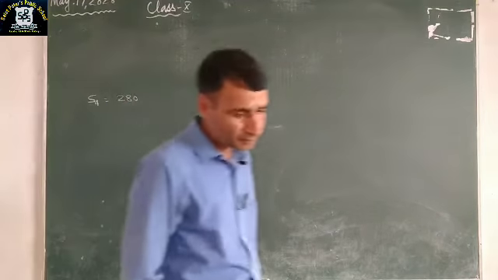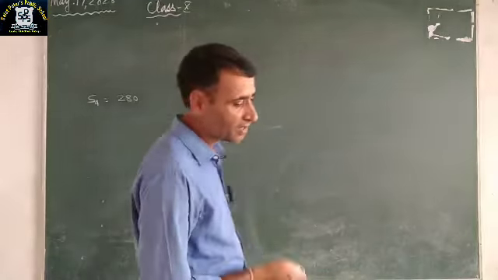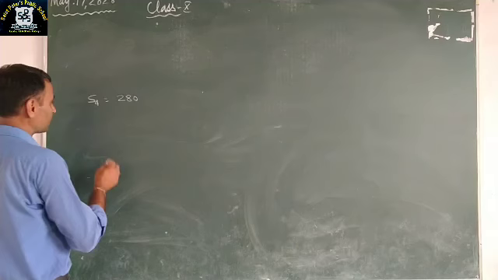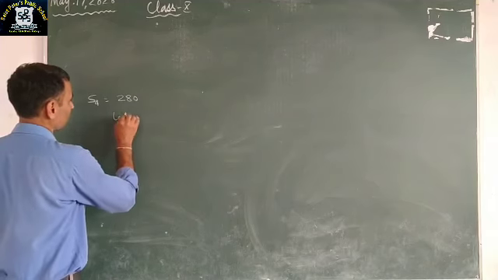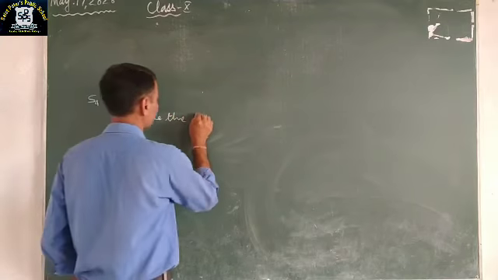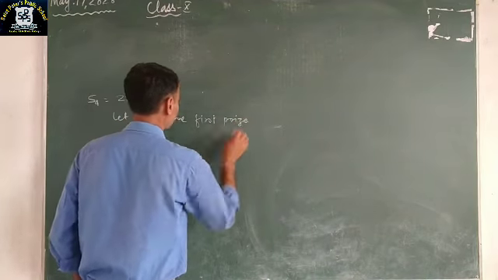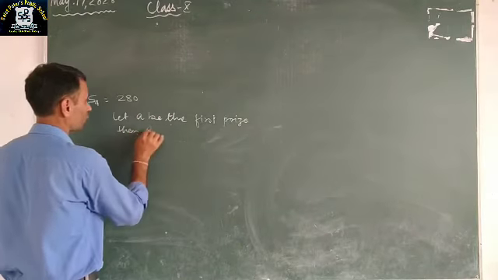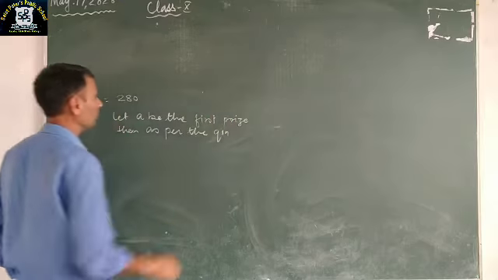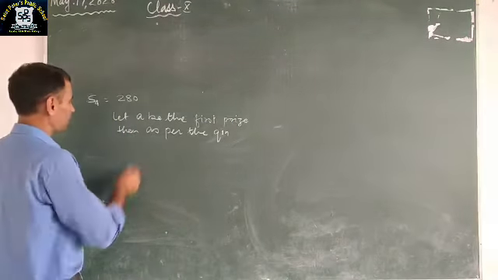and if each prize is 20 rupees less than its preceding prize, if I assume A is the first prize, then let A be the first prize, then as per the question, the next prize is 20 rupees less than its preceding prize.